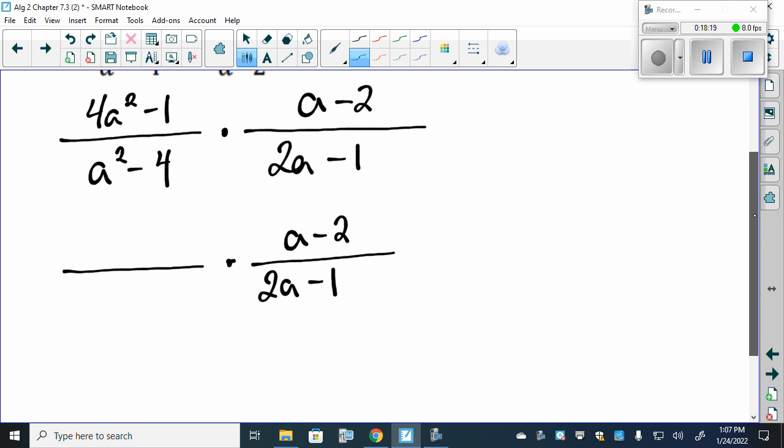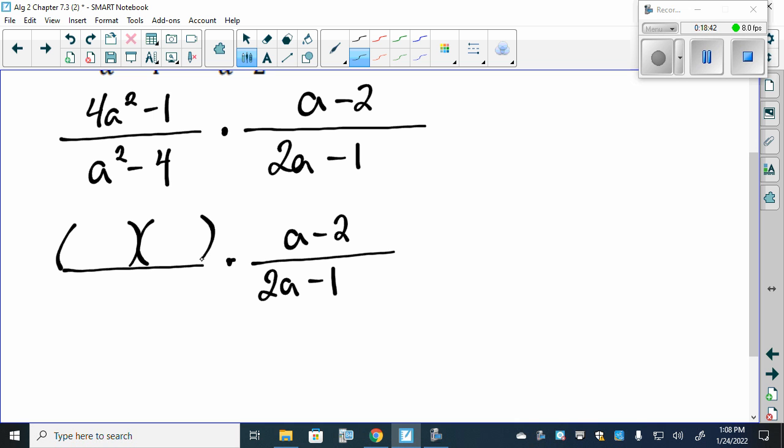Now the ones we need to look at factoring are 4a squared minus 1 and a squared minus 4. Now neither one of these have a greatest common factor, but they are what? A difference of perfect squares, because 4a squared is 2a times 2a, and 1 is 1 times 1.